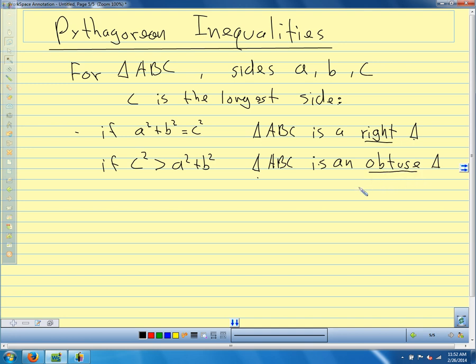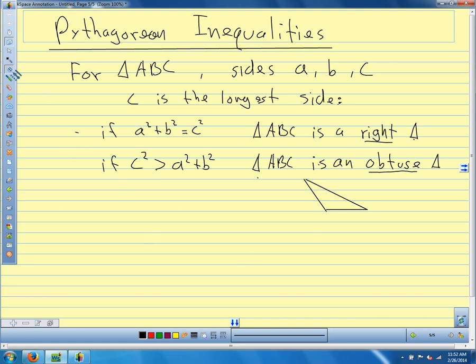The way I visualize this is I make the triangle with my hand. A squared plus B squared equals C squared, right triangle. If C is bigger, I'm making that long side longer, we get an obtuse triangle. We can draw a little picture here just to remind us what an obtuse triangle looks like. An obtuse triangle looks like this.